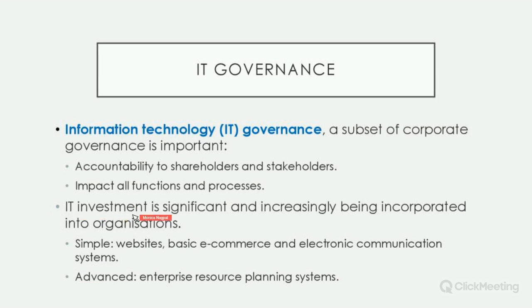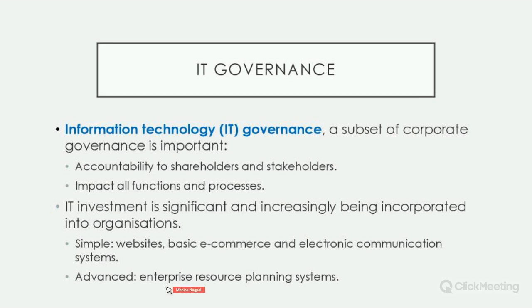Hence, IT investment is significant and increasingly being included into organizations. For example, simple ones: websites, basic e-commerce, electronic communication systems. Advanced ones are enterprise resource planning systems. Chapter 7 of your textbook talks about it a little bit, although you're not required to work on this for the scope of your unit.